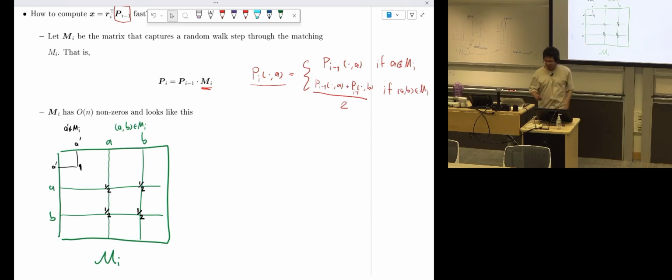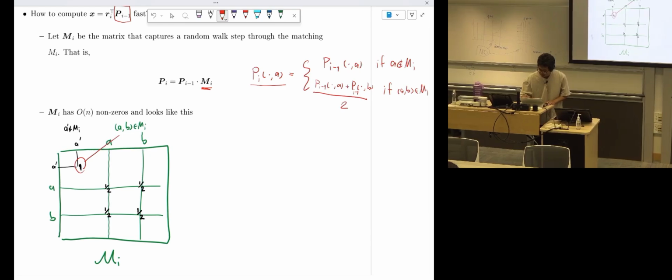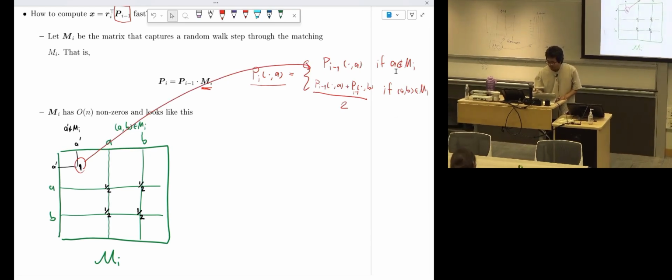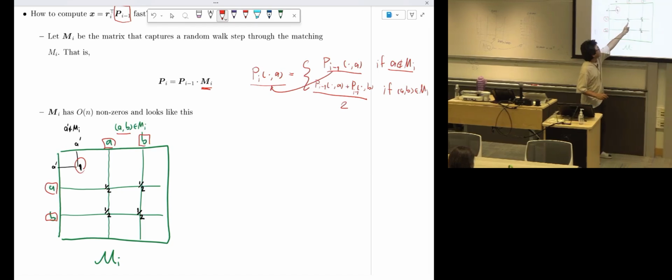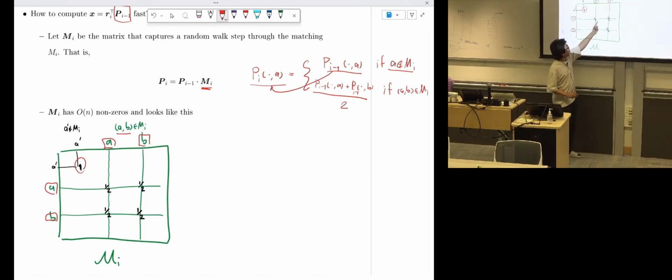This corresponds to how you just set the vector to be the same. And look at each matching edge (a, b). You have a and b in the matching. Then you look at the columns corresponding to a and b, and the rows corresponding to a and b. It just looks like this. You put 1/2, 1/2, 1/2, 1/2 here.